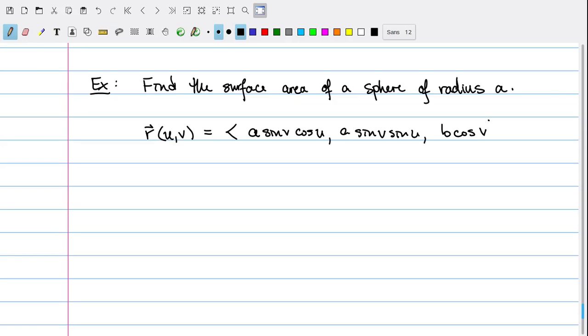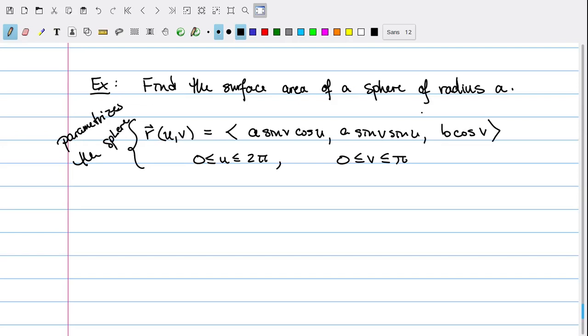The y coordinate is going to be a sine v sine u, and the z coordinate is going to be a cosine v, and I accidentally wrote a b there. Let me correct that in a second. And the range of u is going to go between 0 and 2 pi, because I'm going full circle there. And the range of my v's is going to go between 0 and pi, just like phi does in spherical coordinates. So this is a parameterization of the sphere.